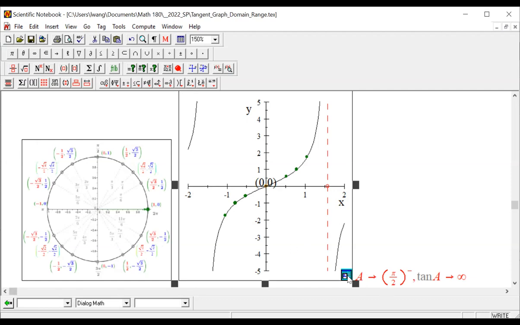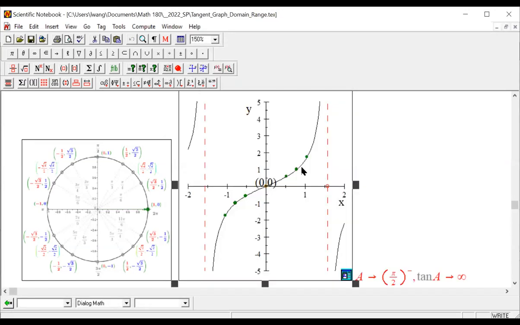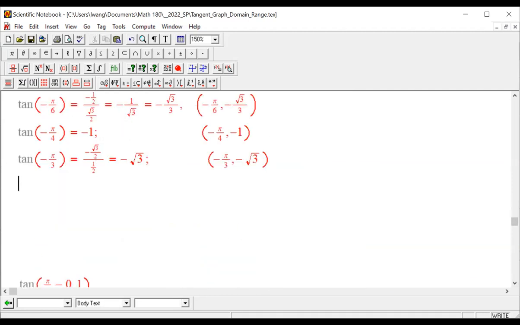We already anticipated this is going to be a vertical asymptote, so we're going to draw that vertical asymptote. But we just want to see what the behavior is. I'm going to take that picture with us.